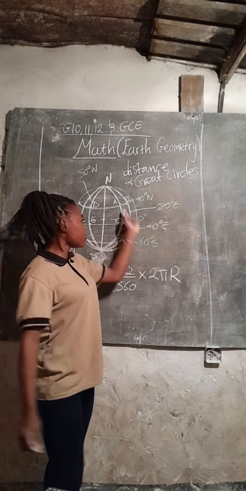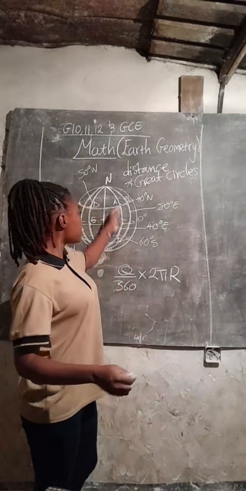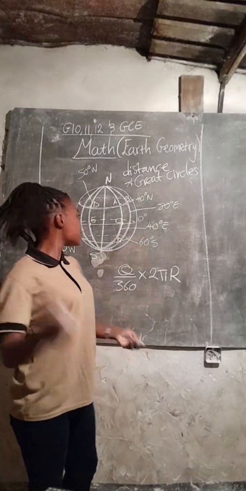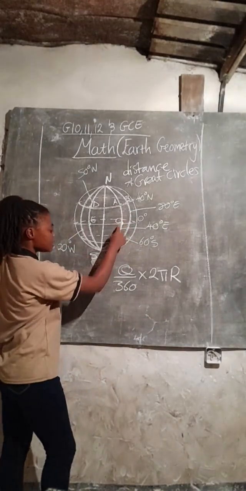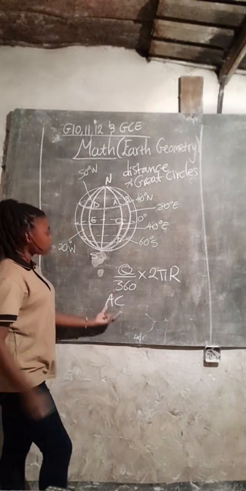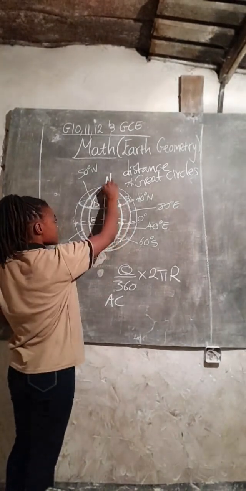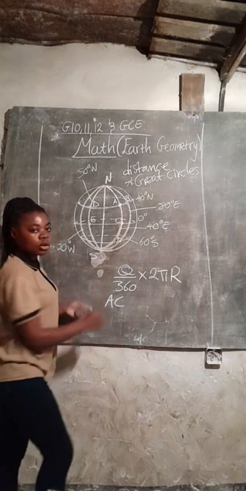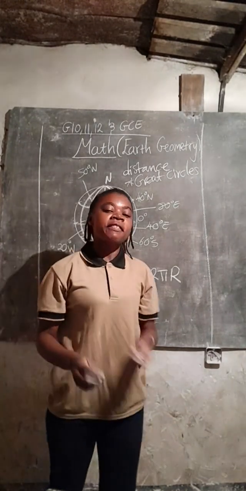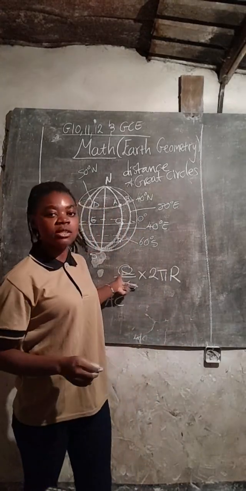Let's try to use this same one as an example. Then we'll use an example question. So let's say they say calculate the distance AC. When you look at A and C, A is here, C is here. These are sitting on the same longitude. So if it is the same longitude, it is great circle. Our formula is this one.